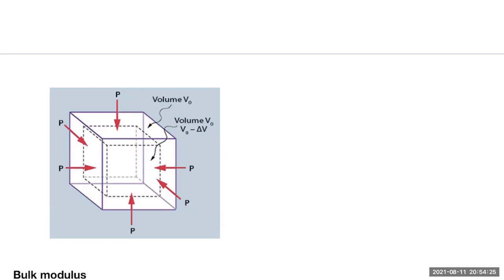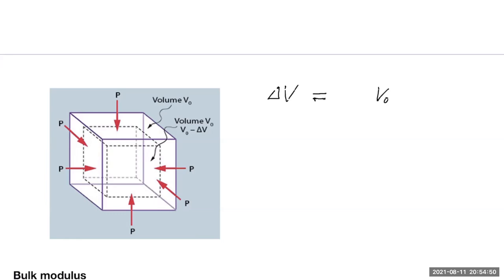So I'm going to rewrite and write down the bulk modulus definition again. Delta V, what is delta V equal to? Well, delta V is proportional to V naught, as we know. Okay. And it is also proportional to the amount of pressure that we get. I mean, the original pressure is P, capital P, and that's just there.